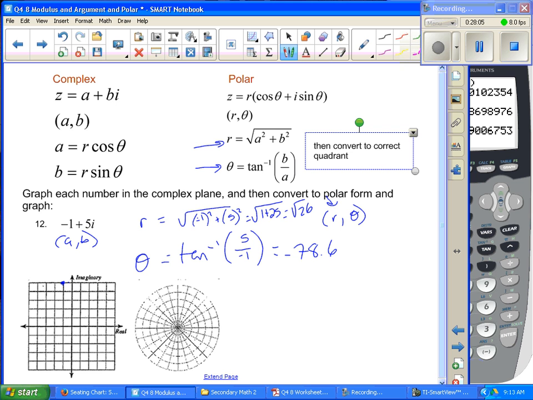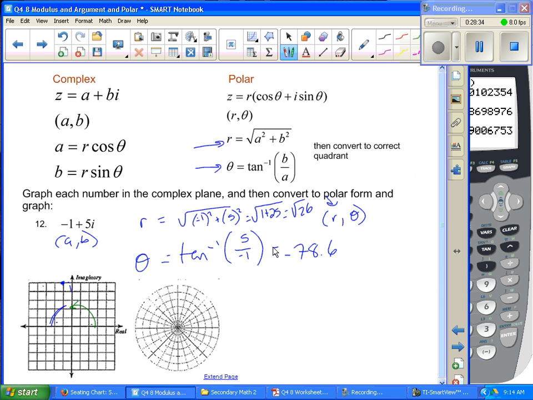Continuing what we were doing on the previous assignments, I need to come up with an angle that's in the second quadrant. Negative 78 is the angle that would go this direction into the fourth quadrant. So I found the angle right here would be the 78, but I want the angle from here to here.